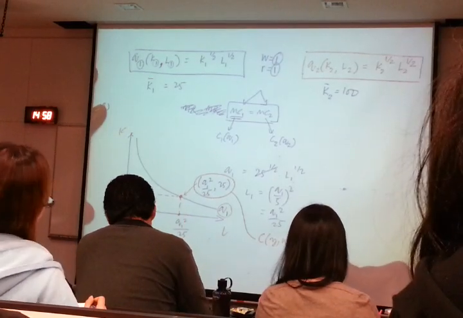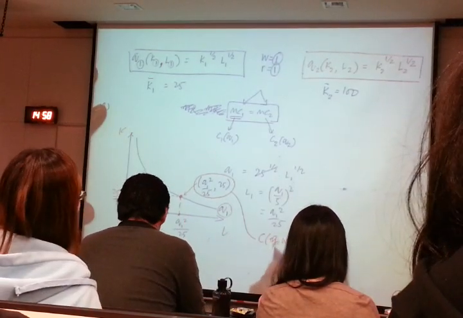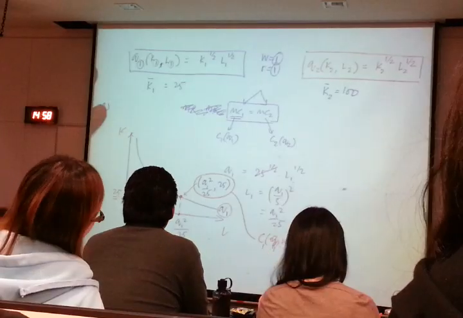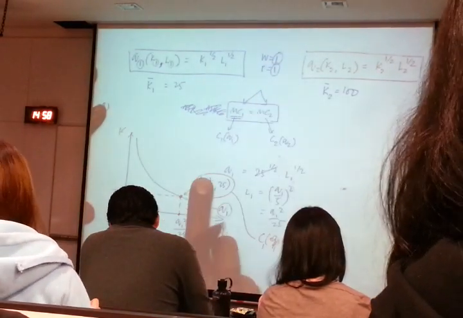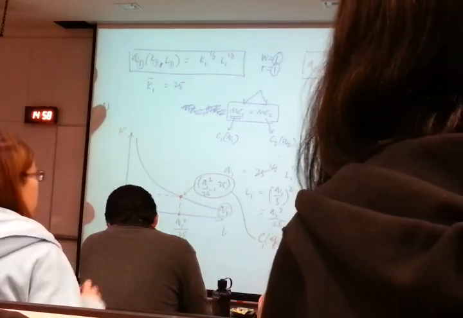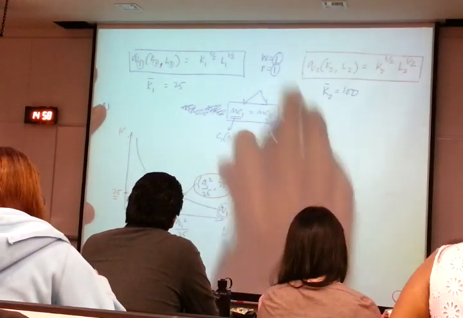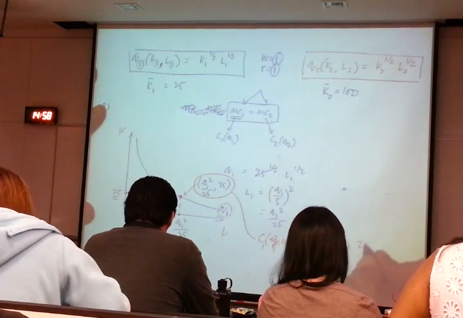In other words, C1 of Q1, W, R: what is the cost of labor? 1 times Q1 squared over 25, plus R times 25. Got it?